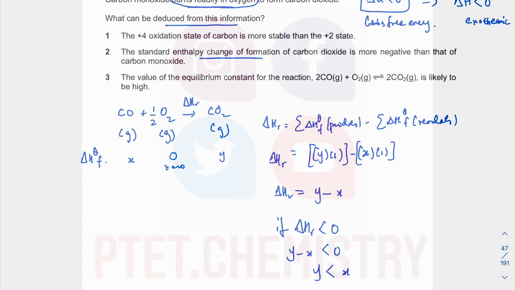Y has a smaller value, so y is more negative than carbon monoxide. So if that is more negative than this, then your overall will be negative. So this is correct. Statement 2 is correct. That means if y is more negative and x is less negative, or x is more positive than y, this inequality satisfies the condition, right?